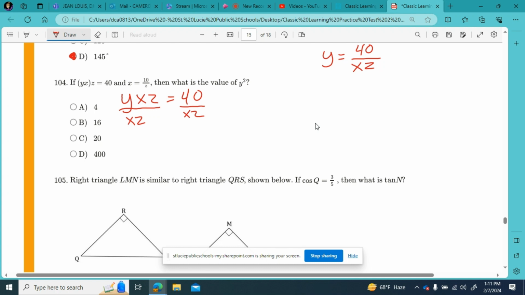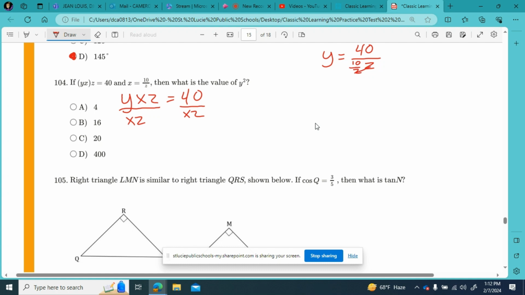So I can take out this x and sub in 10 over z, which is going to make my z's cancel out, because one is multiplying by the 10 and one is dividing the 10, so they cancel each other out.